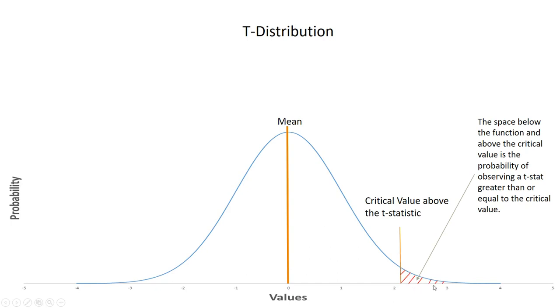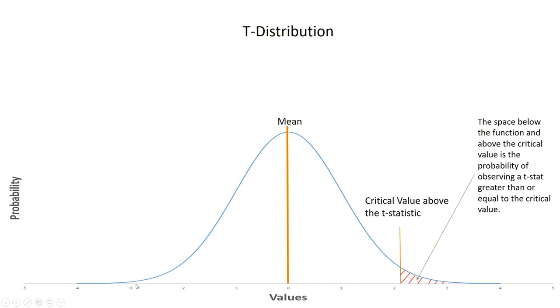So this area communicates to us the probability of committing a type 1 error. This area here is the probability of rejecting the null hypothesis if the null hypothesis is true.